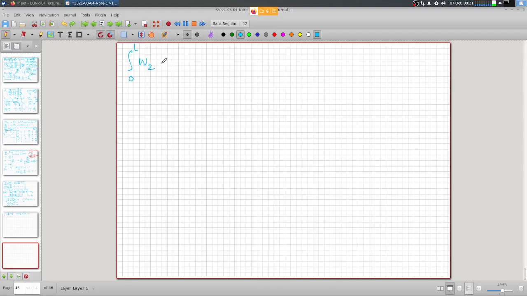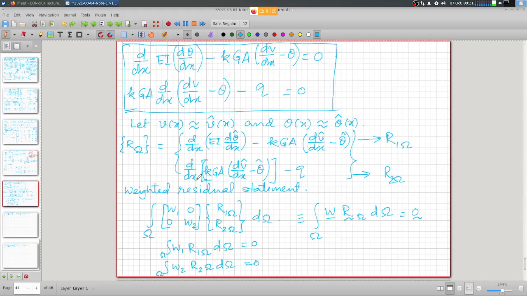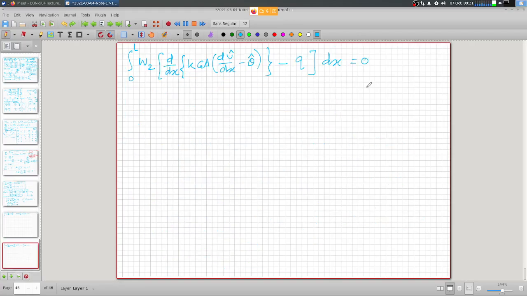W2 multiplied by d by dx of kGa, dV hat by dx minus theta hat, minus q. Yes, minus q. So that's the second equation.